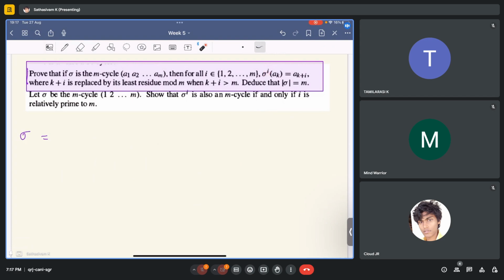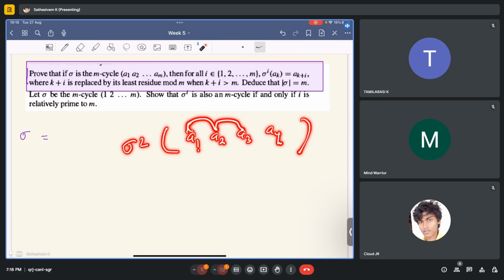If i equals 2, then 1 goes to 3. So you have a1, a2, a3, a4, something like that. If you apply sigma square, sigma takes you here and then sigma square takes you here. So if you do sigma square, you go from a1 directly to a3.